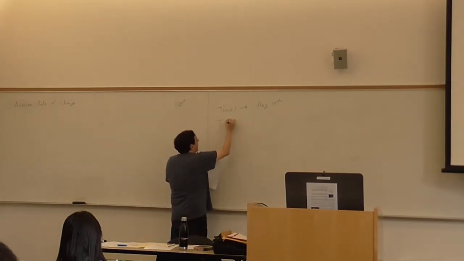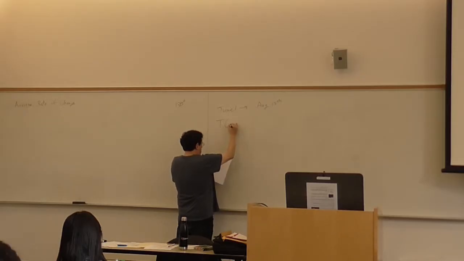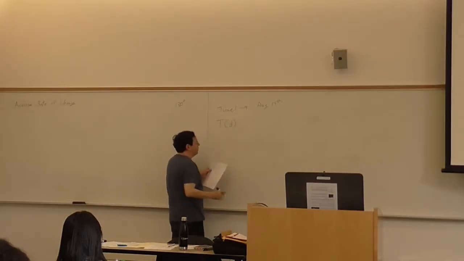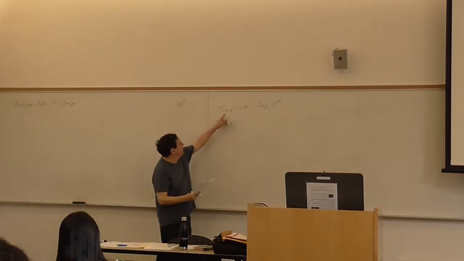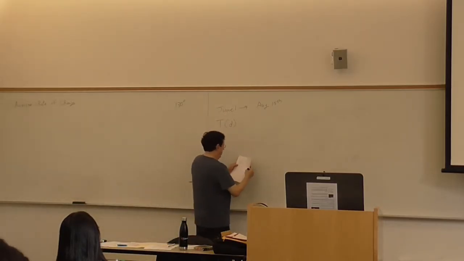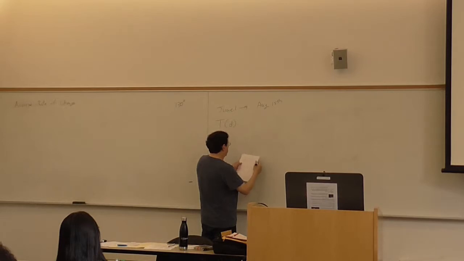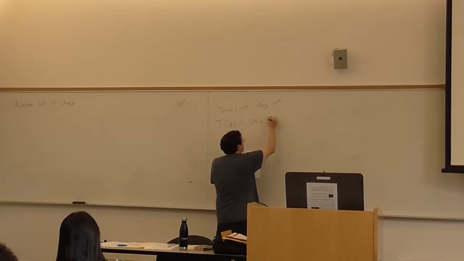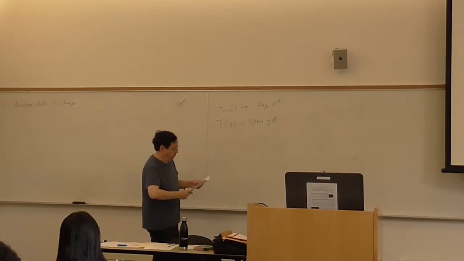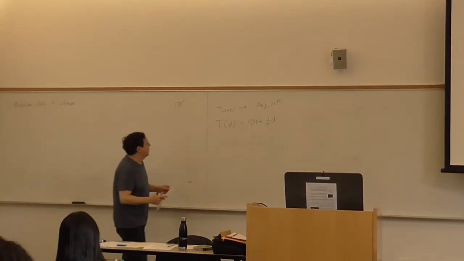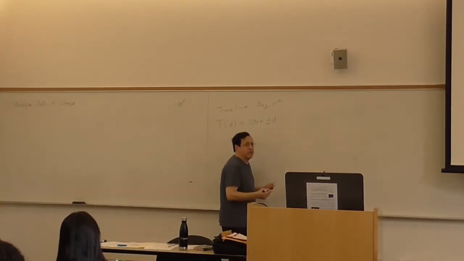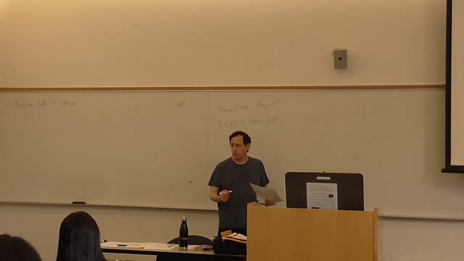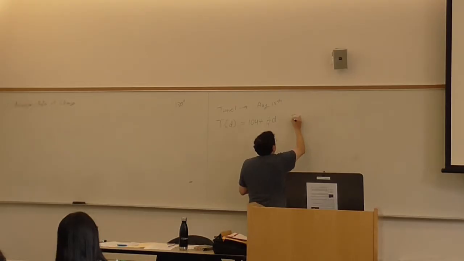Okay, so the temperature function of D, where D is the days from June 1st, is described as 104, that's where we start, plus 1/4 D. And just in case we have any people from the civilized world, like Europe or Canada, this is Fahrenheit.